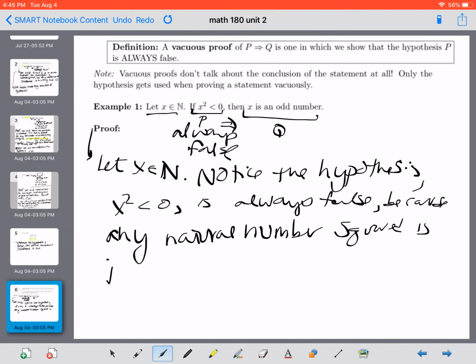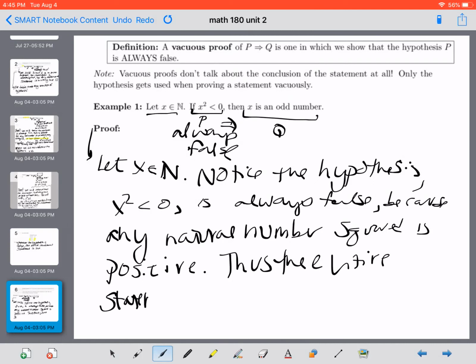A real number squared could be greater than or equal to 0, but natural numbers themselves are positive, so when you square them, you also get something positive. Thus, the entire statement is vacuously true.